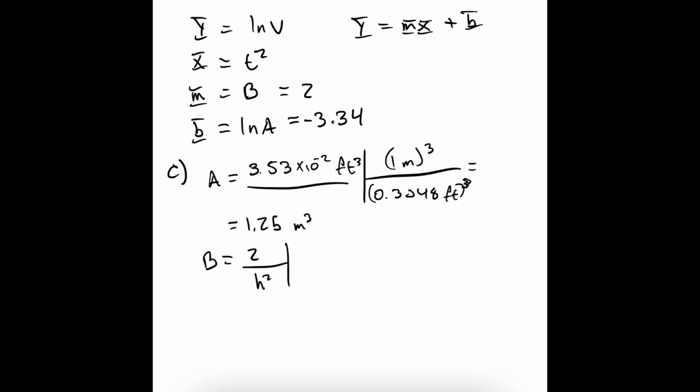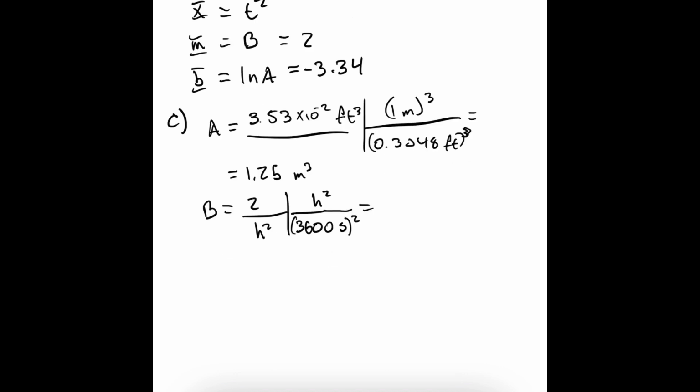To put it in seconds, we have 3,600 seconds per hour, and B equals 1.54 times 10 to the minus 7 per second squared.